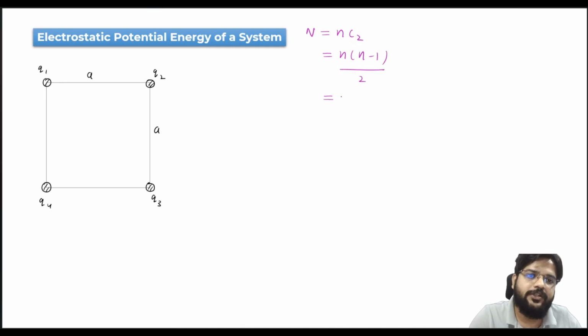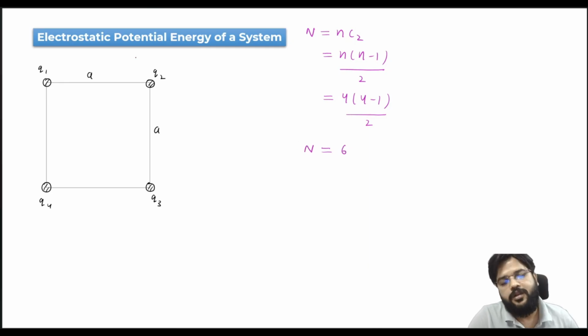Small n is what, everyone? It is the number of charges. So the number of charges is how many? Here it is 4. So 4 times (4 minus 1) divided by 2. Then how much is it, everyone? 4 times 3 is 12, divided by 2, so it is 6. So the number of terms, or we can say pairs, we are getting is 6 here.